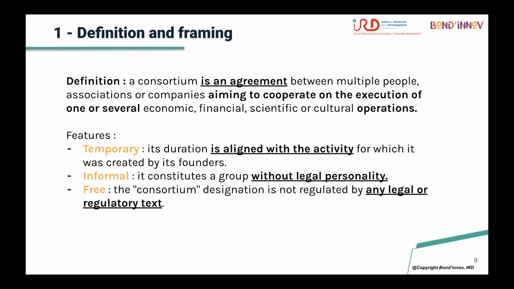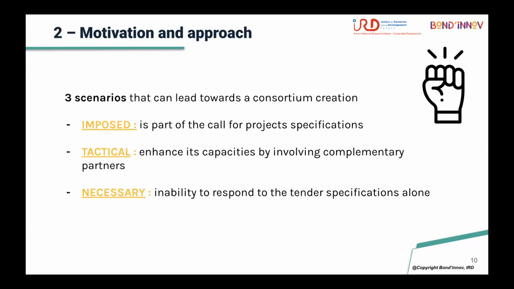It is a group without any legal personality, except maybe the contract you will have between the members. And a consortium is also free. There is no regulatory constraint, you are free to join it. You are maybe free to leave it, but with some conditions that will be defined in the contract.